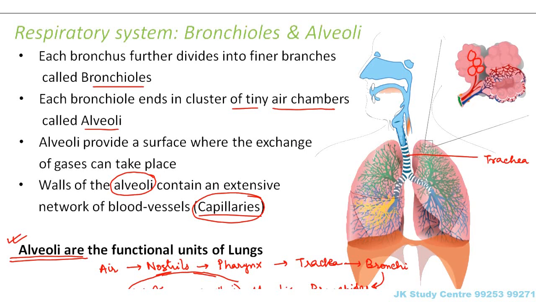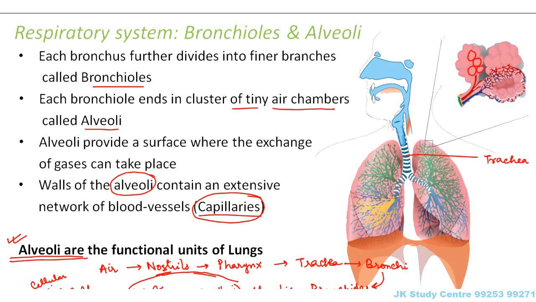Now once it reaches each and every corner of the body, that means it reaches each cell of the body. Inside the cell the cellular respiration will take place. That means oxidation of food will take place to release energy. Right? Now when the oxidation of food takes place, carbon dioxide will be released, and this carbon dioxide will again follow the same path backwards.